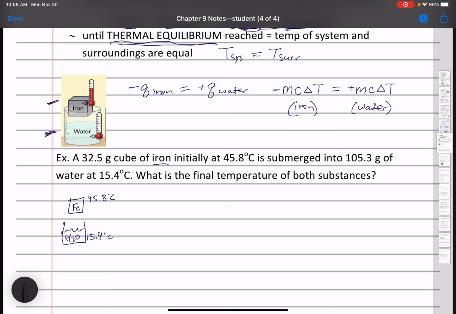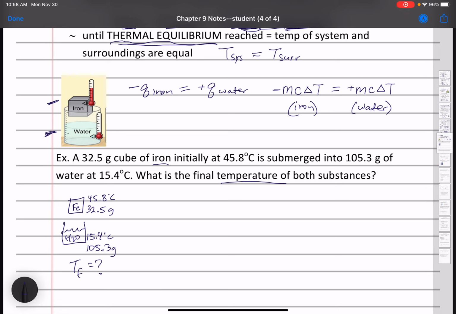The mass of this block of iron is 32.5 grams, and the mass of the water is 105.3 grams. And we want to know what is the final temperature of both substances. So we want to know what is our final temperature, right?